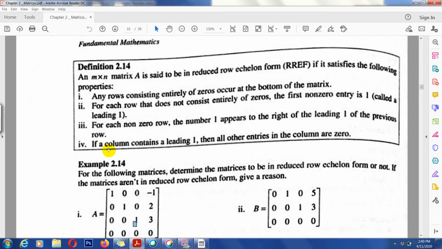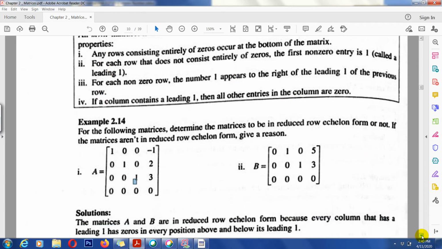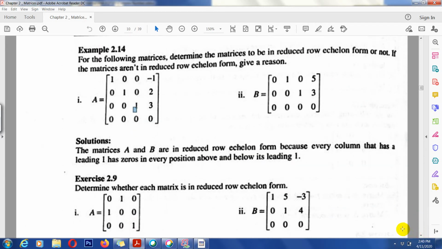The fourth condition: if a column contains a leading 1, then all other entries in the column are 0. So here, does it satisfy all these conditions? The answer is that matrices A and B are reduced row echelon forms because they satisfy all the conditions, and below the leading 1 is 0.